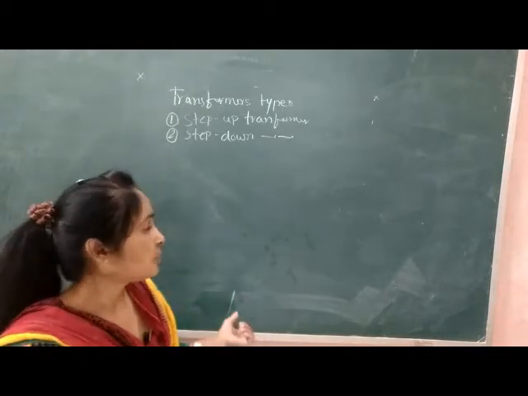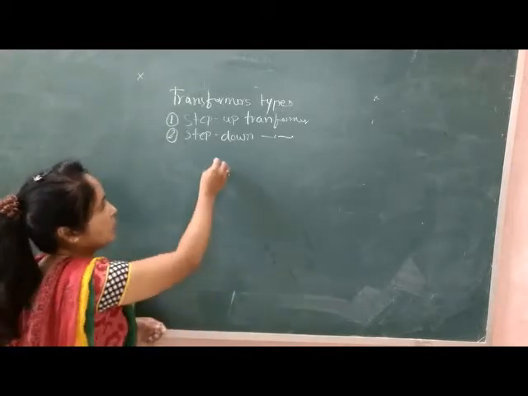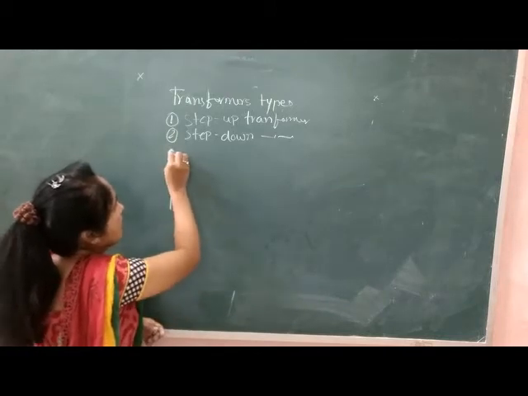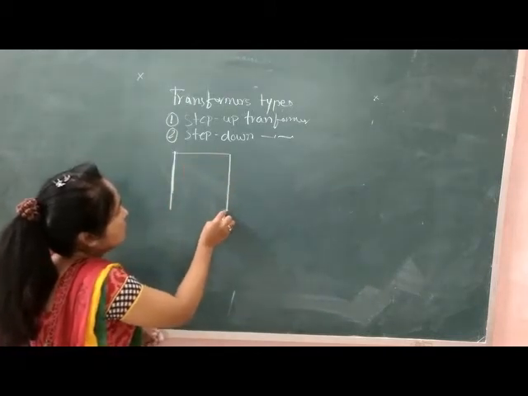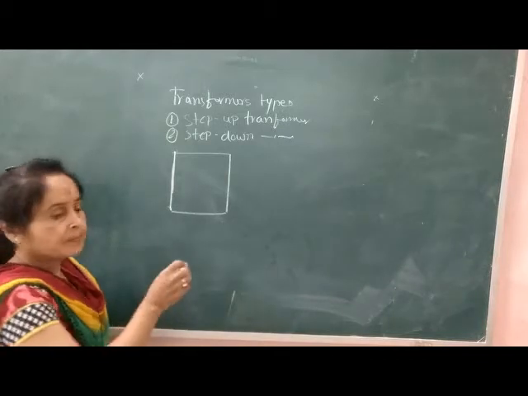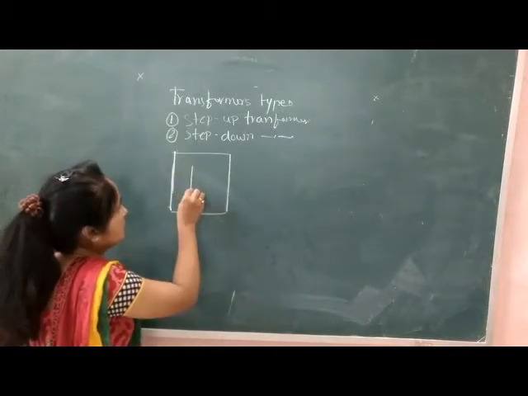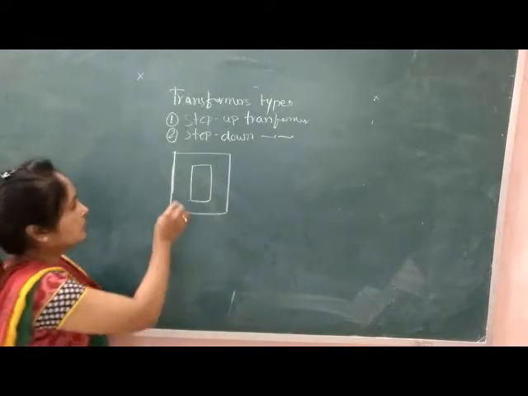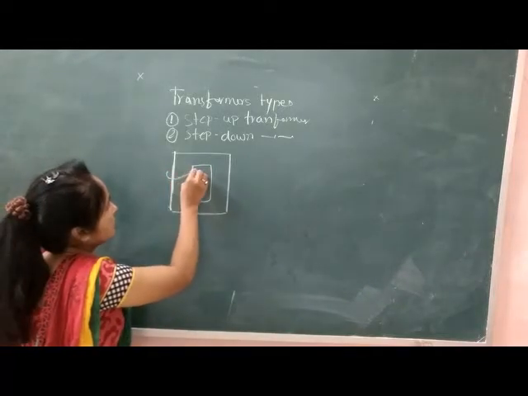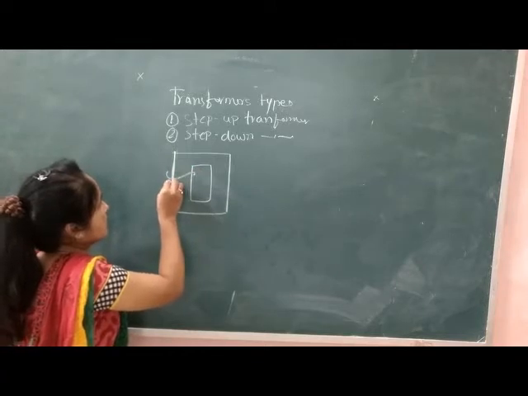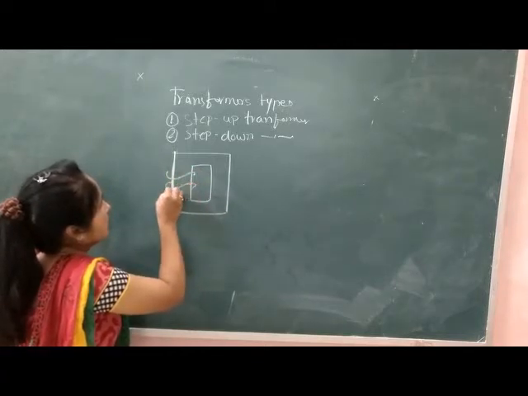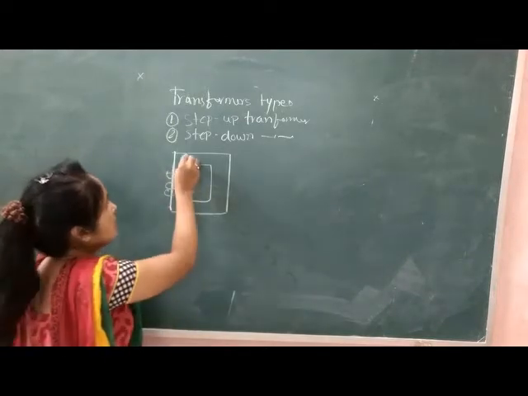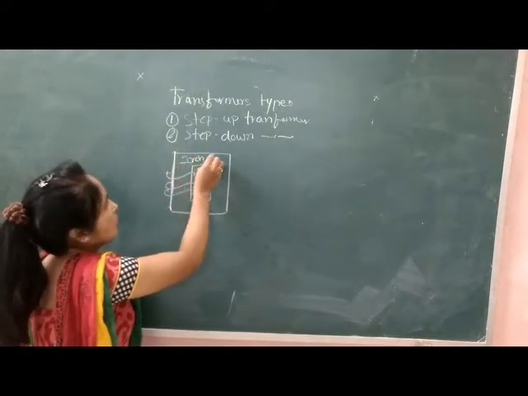So now, according to the diagram, we will see how the step up transformer works. See, this will be the coil on this side, and this will be the iron core.